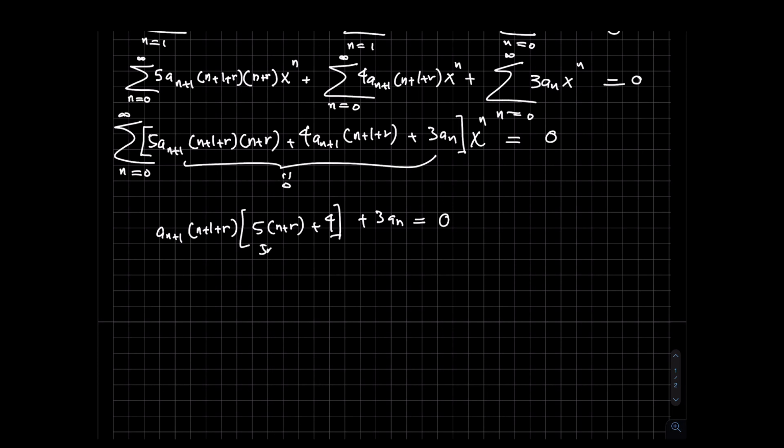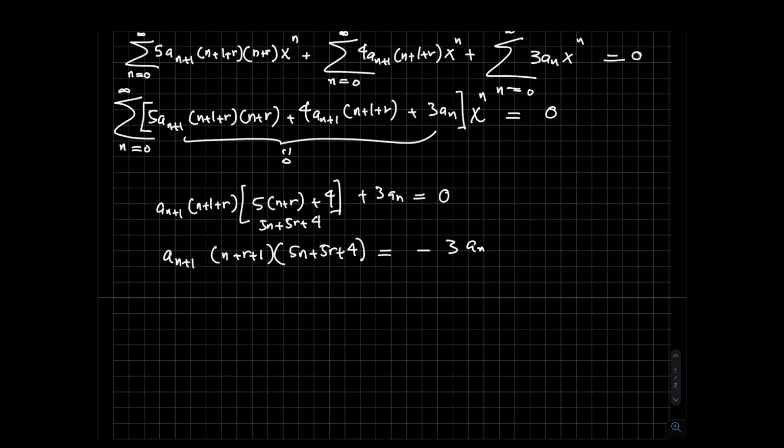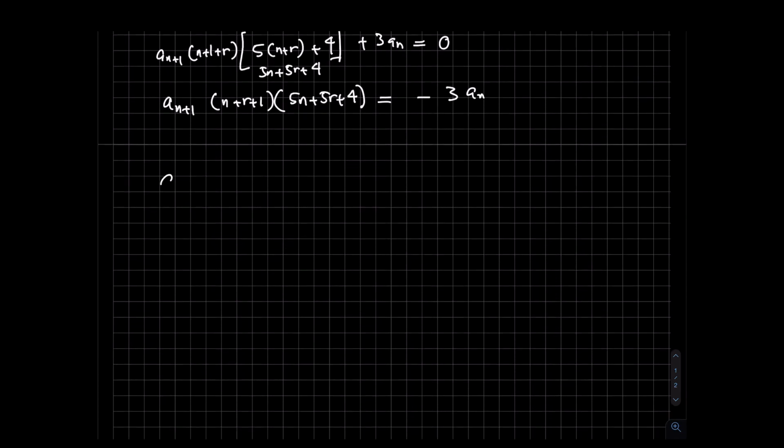So this gives me 5n plus 5r plus 4. So then I have a_(n+1) times n plus r plus 1 times 5n plus 5r plus 4 equals minus 3 a_n.